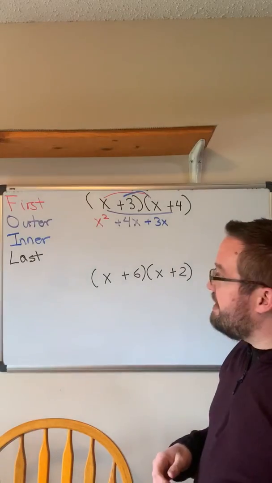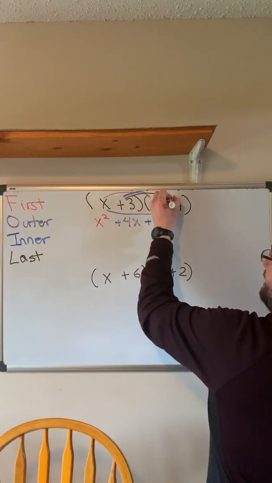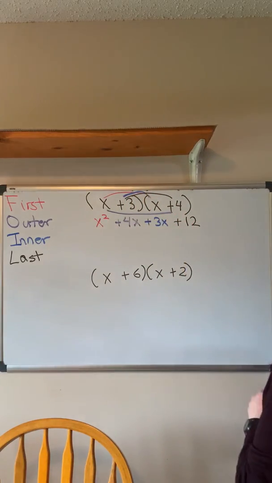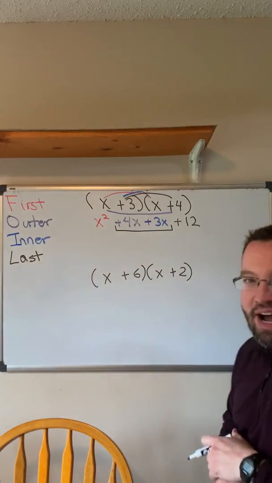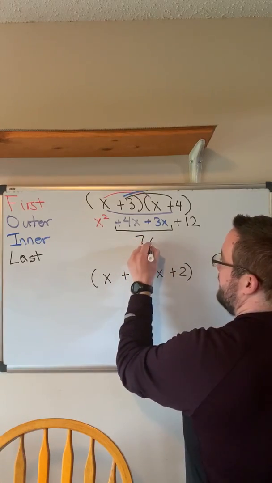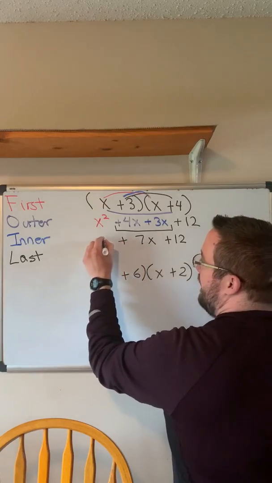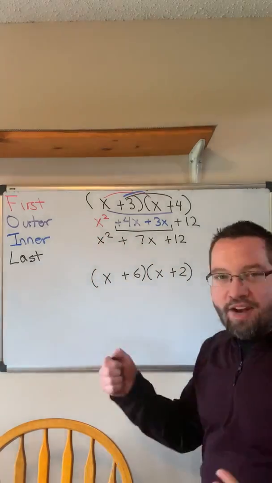And then the L is going to stand for last. And that's going to be a positive 3 and a positive 4, which is going to give me an answer of 12. I know I'm on the right track because I've got a positive and a positive in the middle. 4x plus 3x is going to be a 7x. I bring down my 12 and my x squared, and I've got a trinomial here, and I'm all set.